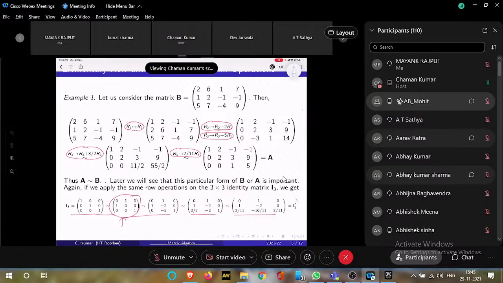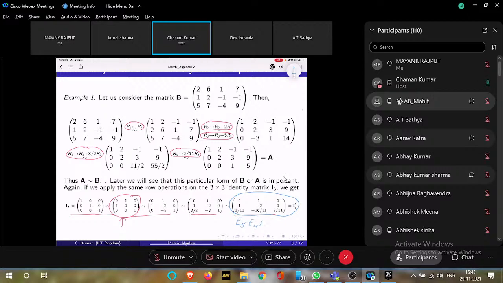You can check this calculation by multiplying these matrices.